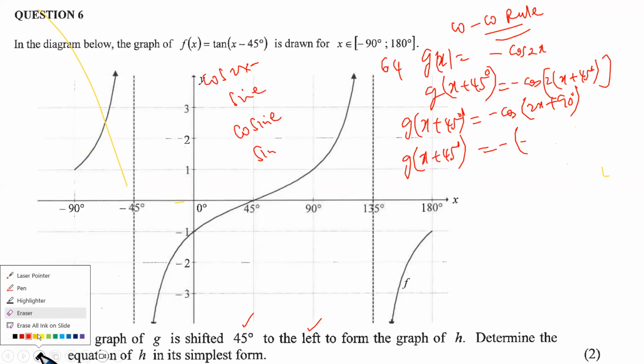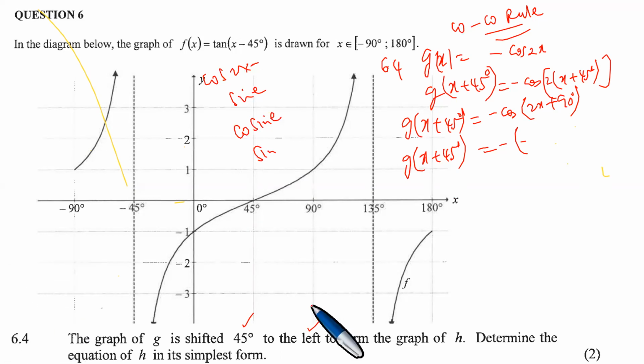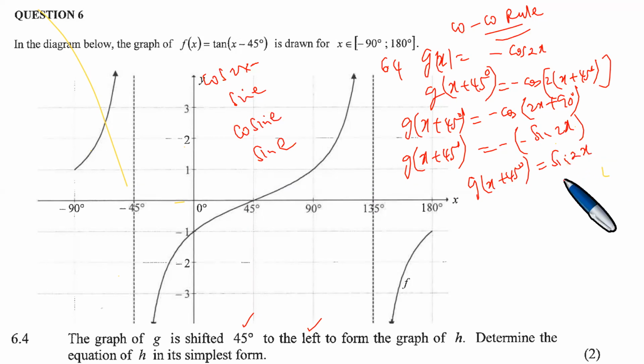So it changes to sine. At the end of the day, this becomes the sine of 2x, into x plus 45 degrees. So this is exactly the sine of 2x.